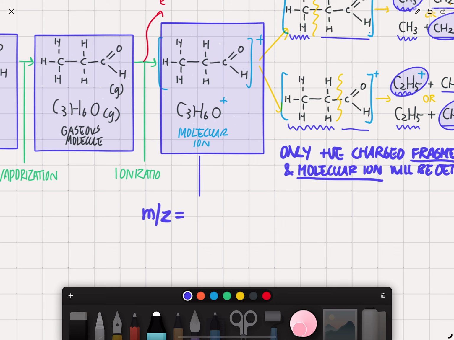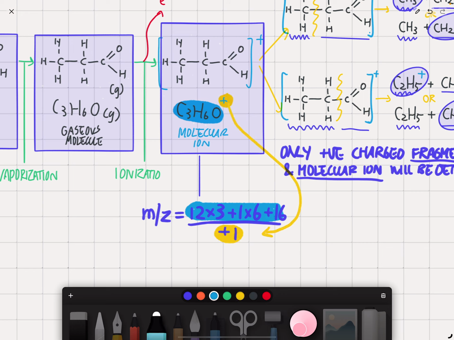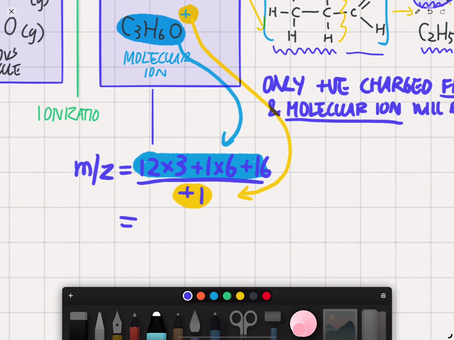This is 12 times 3 as there are 3 carbon, 1 times 6 as there are 6 hydrogen, plus 16, divided by the charge, which is plus 1. Remember, this is the entire mass, and this is the charge. So we divide the mass by the charge, and the answer, I think, is 58.